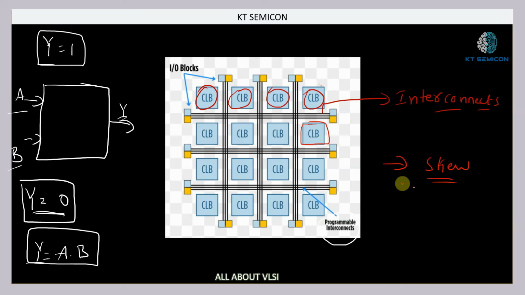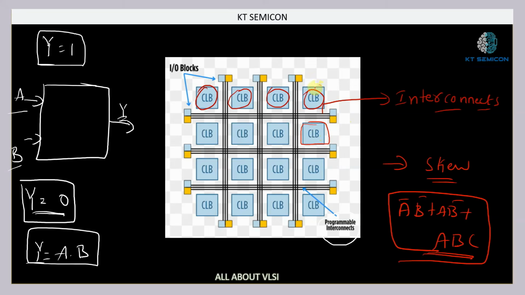And let's say we want to implement a function A bar B bar plus A B bar plus A B C, like this, right? Now for implementing this particular function, the tool may select this CLB and this CLB and this CLB. So it is going to connect these three CLBs for implementing this particular function.